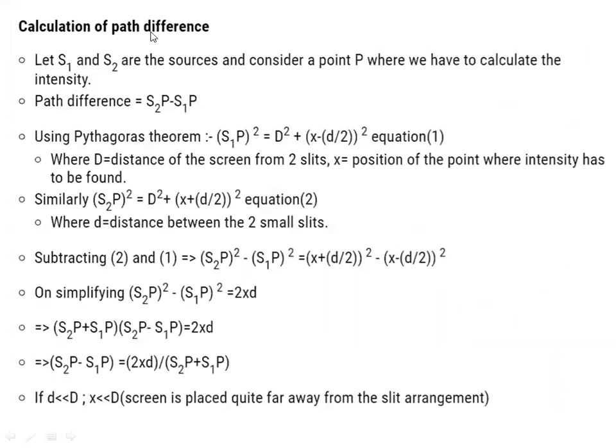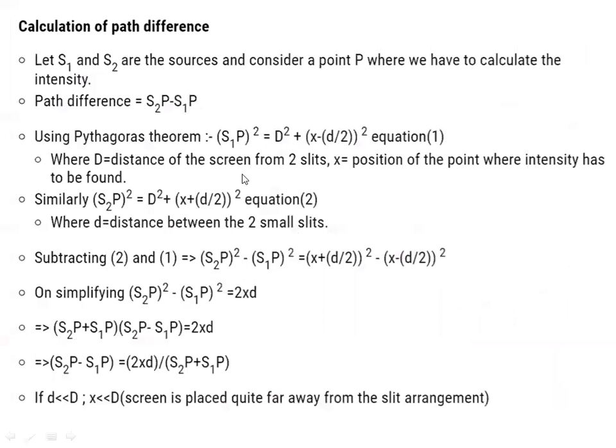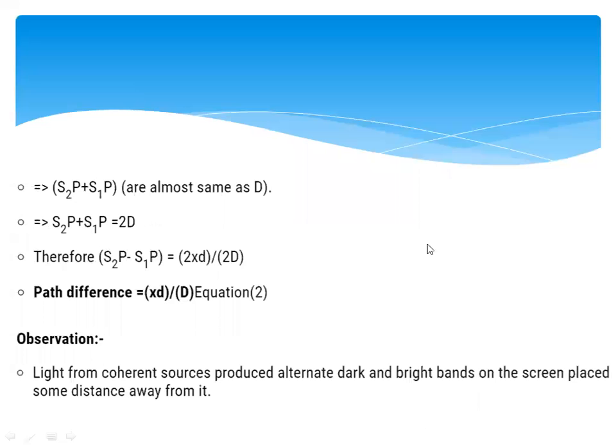This calculation of path difference, how we are considering S1 and S2 and what path difference is taken, the derivation you are seeing on this page, is already explained in handwritten form. I hope you understand this handwritten form, and for your additional information, I am giving the printed form also. Go through this and you will have a clear idea. So the path difference is x small d divided by capital D.